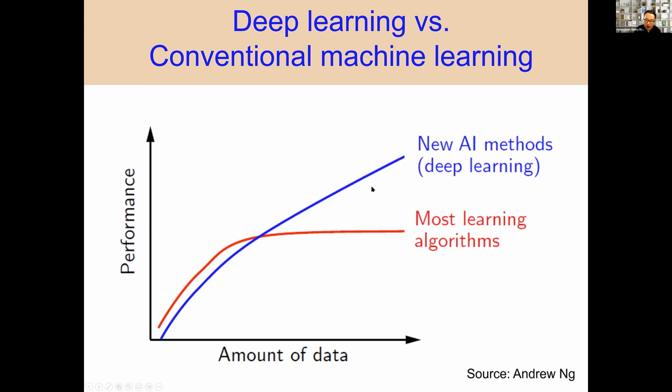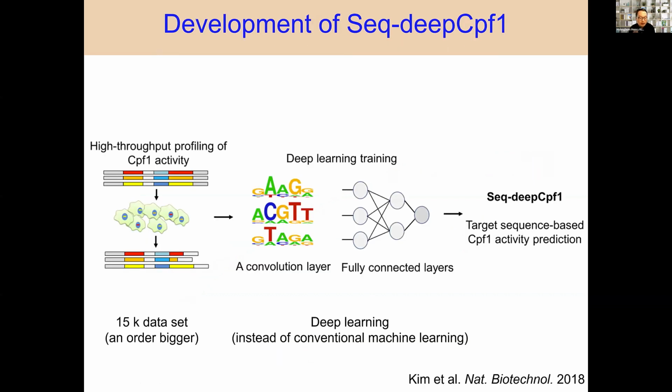So because I knew this characteristic of deep learning, we tried to collect a large amount of data. But if we don't have sufficient data, the performance of deep learning is even poorer than that of conventional machine learning programs. But if we have sufficient data, we have good performance.